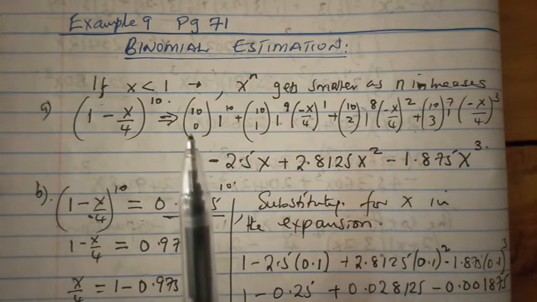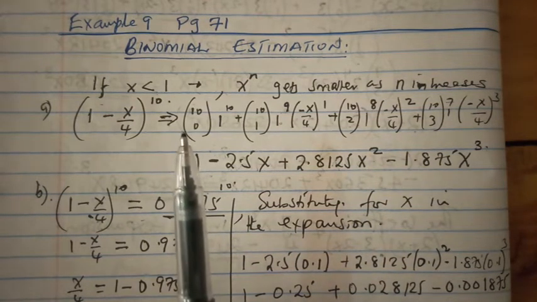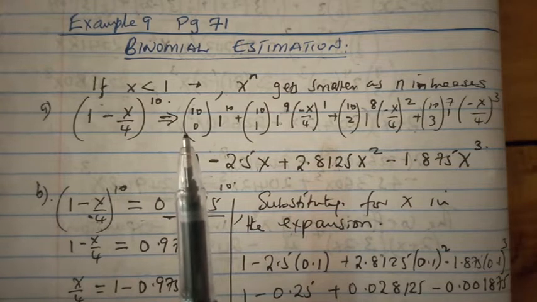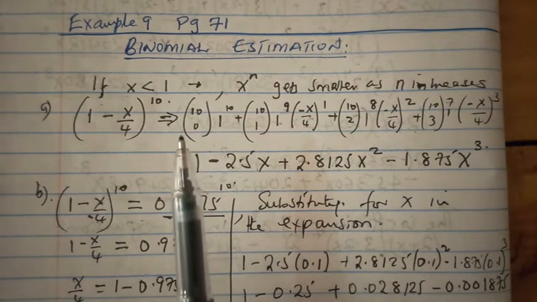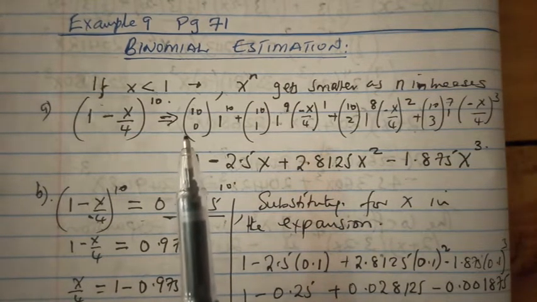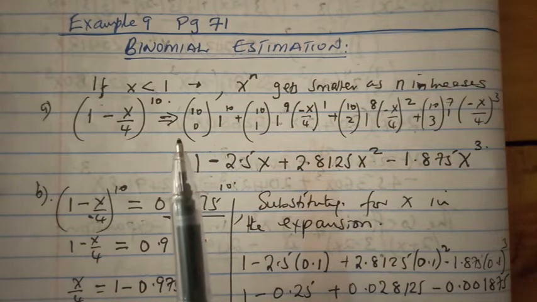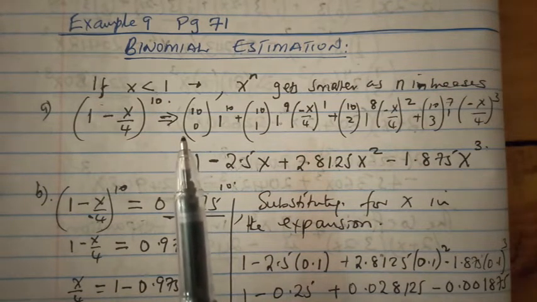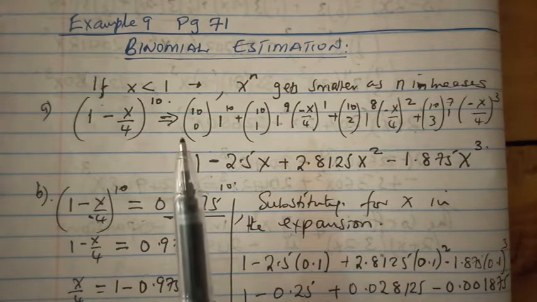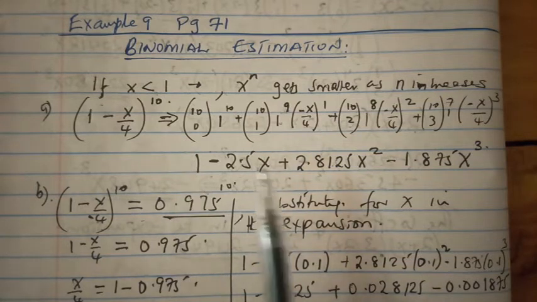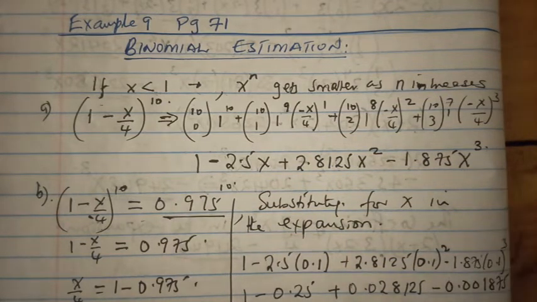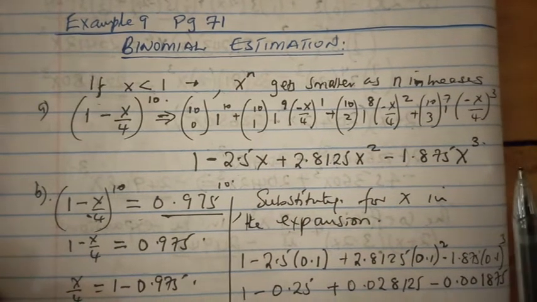Just like I've said, if a half is raised to power 2, we have a quarter. If a half is raised to power 3, we have an eighth. If a half is raised to power 10, we have a very, very small fraction which can be ignored when we are looking at approximation.